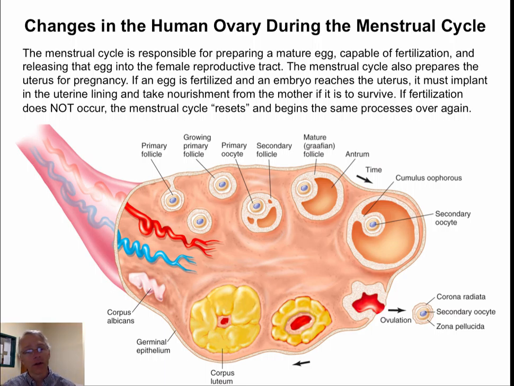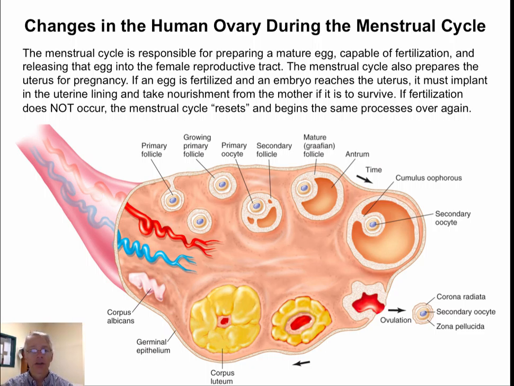All of those cyclical changes that happen around the process of ovulation are called the menstrual cycle. We're going to look at those changes that take place in the ovary, how the lining of the uterus changes during the menstrual cycle, and how the hormones that regulate these changes play a role as well.